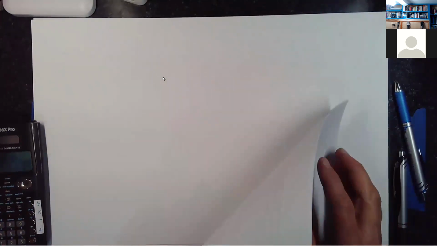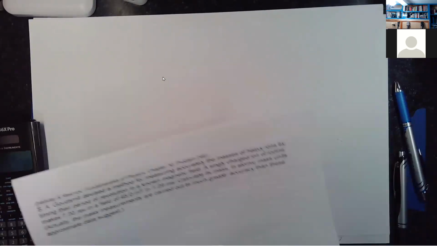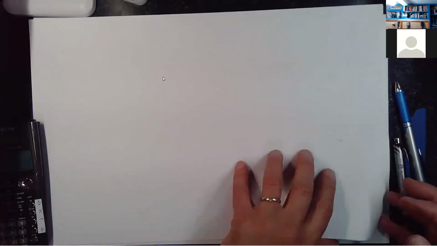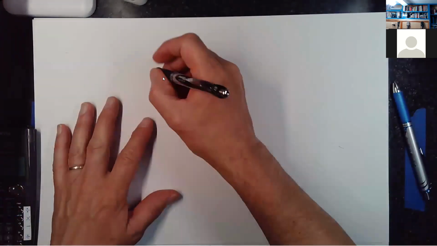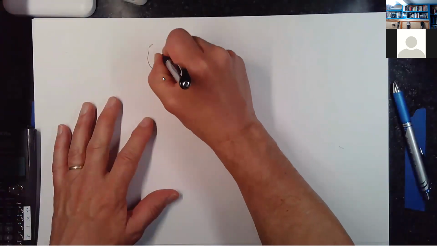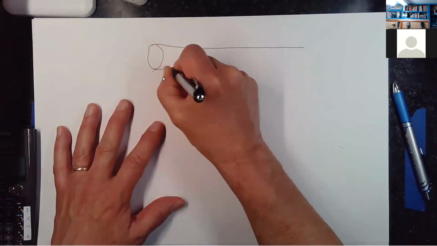I may save this one. I wanted to start something else today, and that was to start looking at magnetic forces on currents. And we haven't really studied currents much. Maybe we've measured them a little bit, or maybe we haven't.